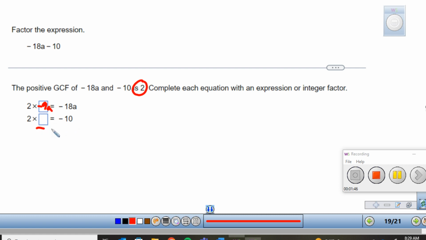And 2 times what will give us negative 10? 2 times negative 5. So if we were going to go ahead and do this, 2 is our greatest common factor. Then our first term is negative 9a. And our second term, since it's a negative, will be minus 5.